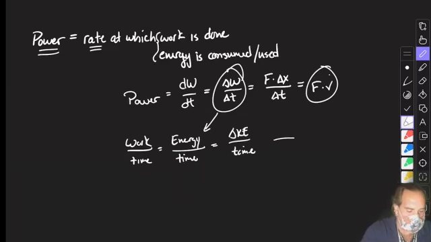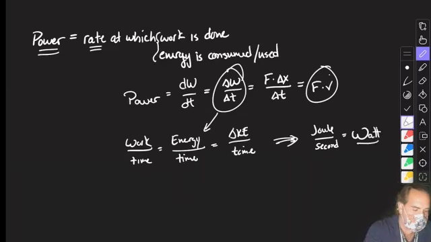The unit of power is a joule per second, which has been given the name watt after Mr. Watt. So when we talk about watts, we're talking about the rate at which energy is consumed or used.